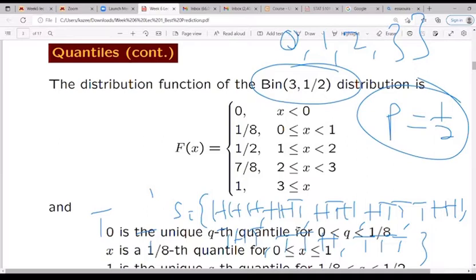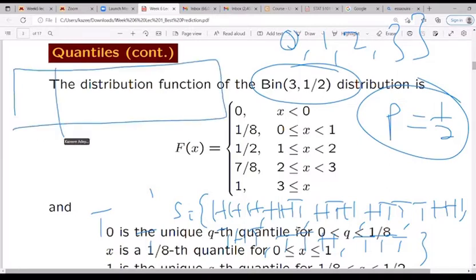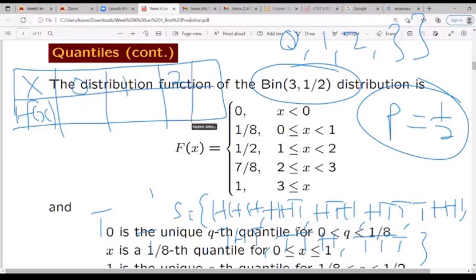All I'm going to do is have X and a lowercase f of X, then 0, 1, 2, then 3. Now X, don't forget, is the number of X, so X can go from 0 to 3.